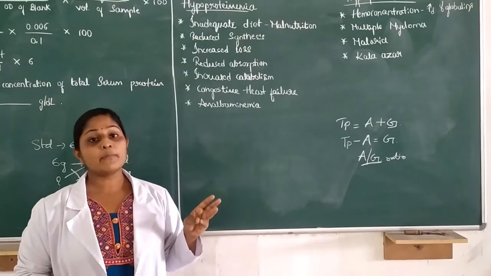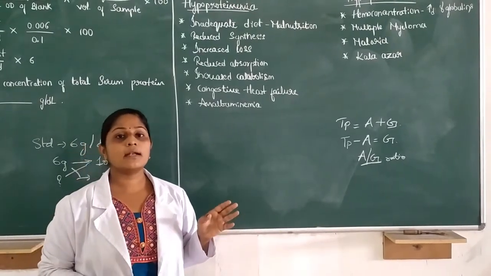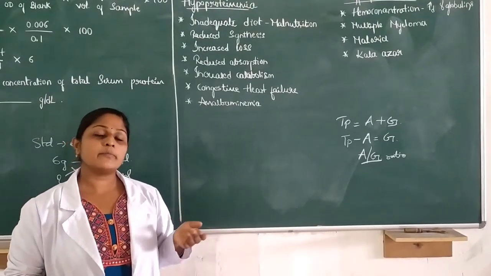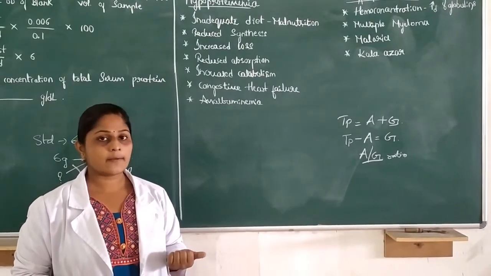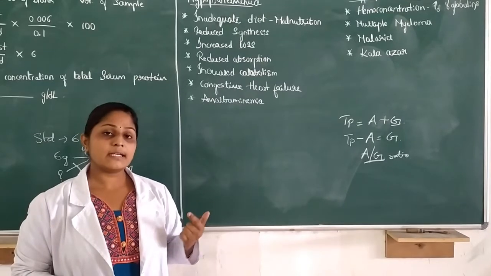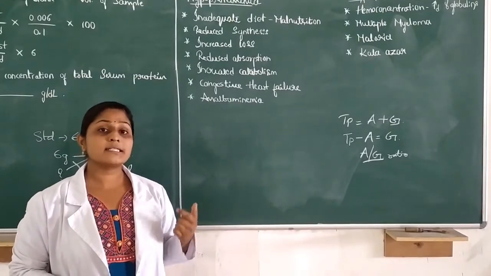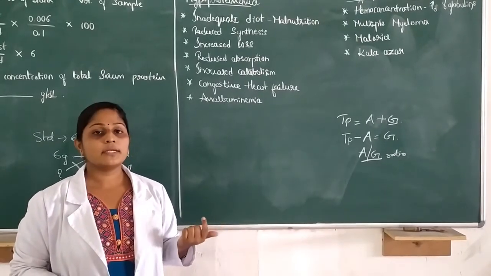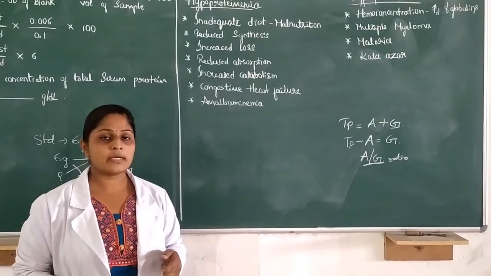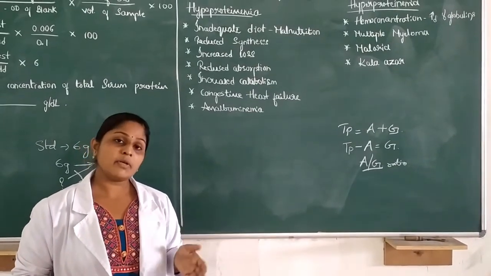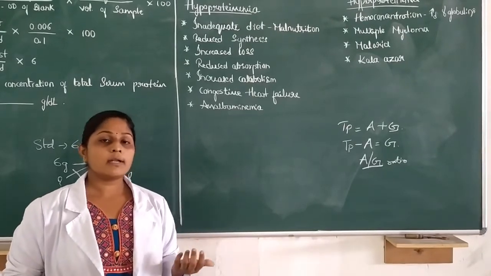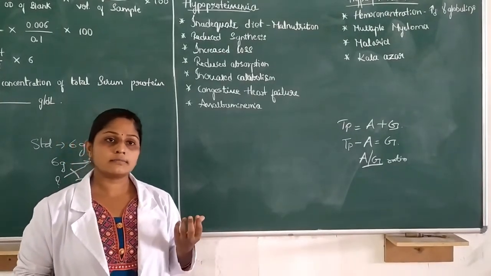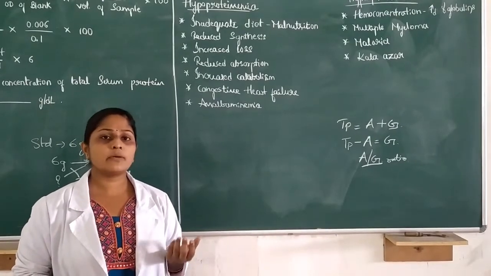When there is damage to the glomerulus and the vascular permeability is altered, that will lead to glomerular proteinuria. When the concentration of circulating low weight proteins is increased, that will lead to overflow proteinuria. When there is tubular damage, that will lead to tubular proteinuria, as the tubular capacity to reabsorb will be reduced.